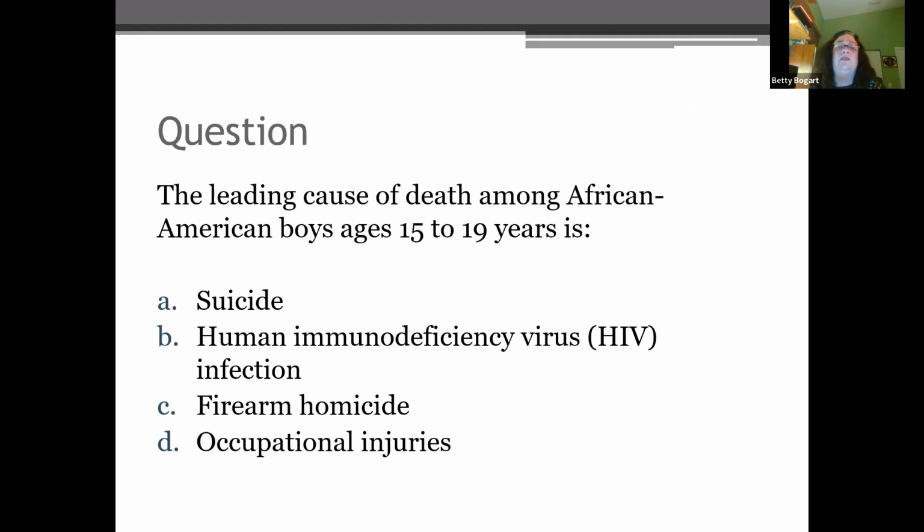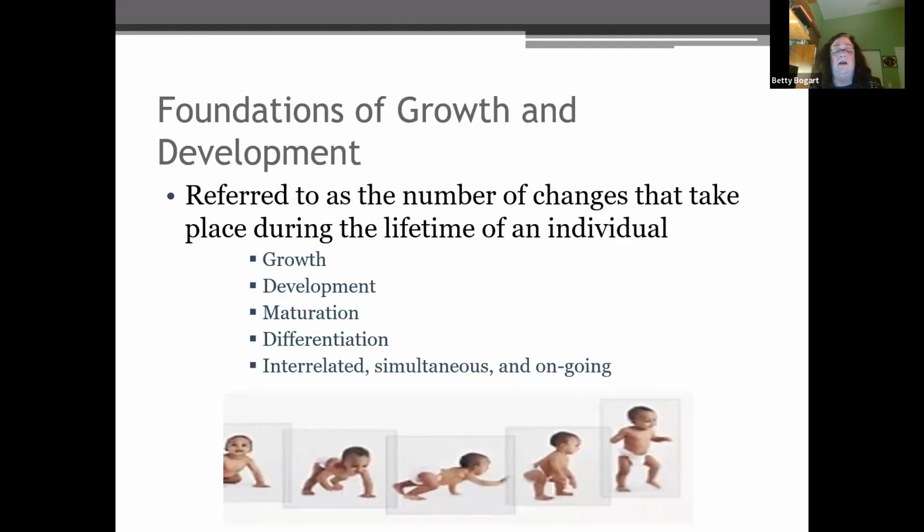The leading cause of death among African American boys ages 15 to 19 years is, remember, injuries increase as they become adolescents due to firearms and suicide, two of the big things that I just said. So the answer is firearm homicides. They just want to pick up the gun and touch it where they couldn't as a kid. And of course it goes off and somebody's hurt or they're in gangs or whatever.